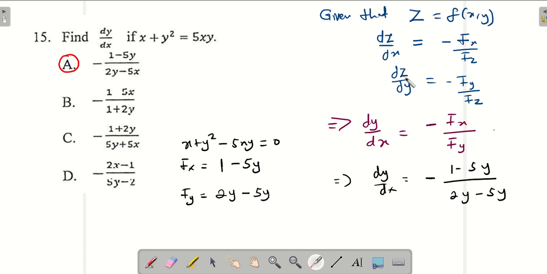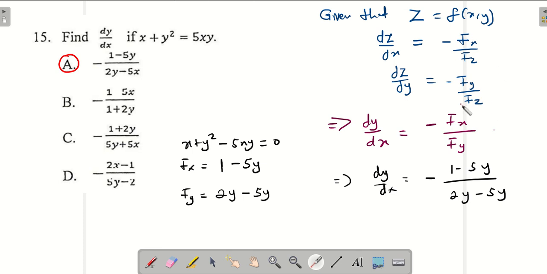Similarly, the partial derivative of z with respect to the independent variable y is equal to negative the partial derivative with respect to y over the partial derivative with respect to the dependent variable z.